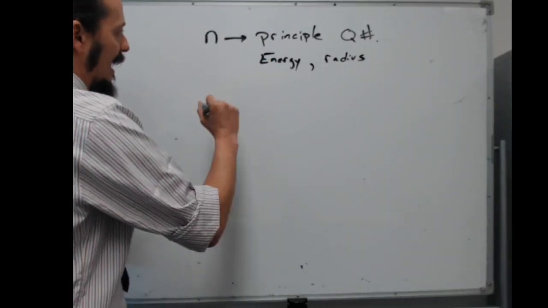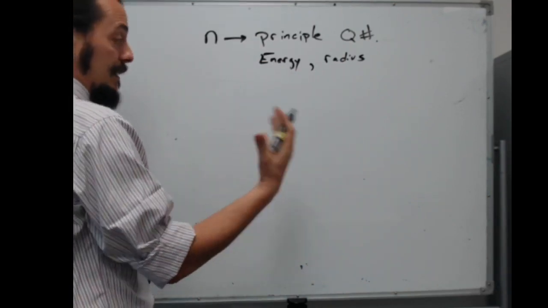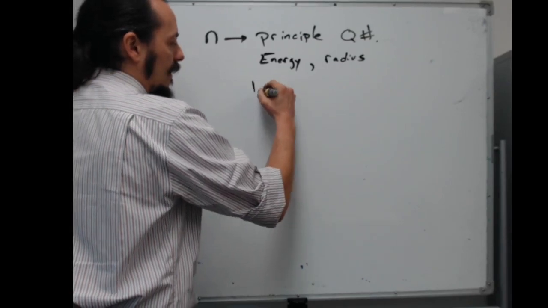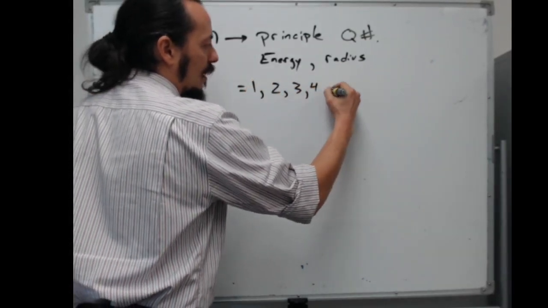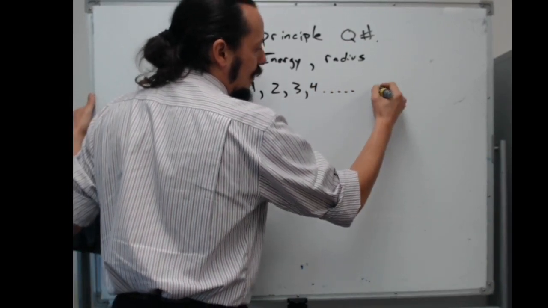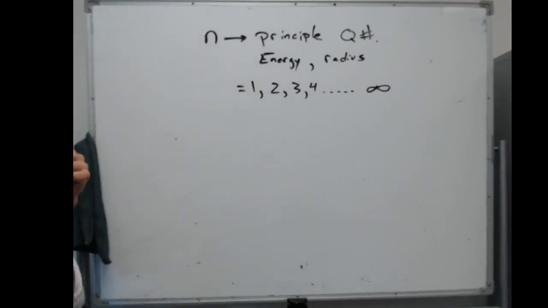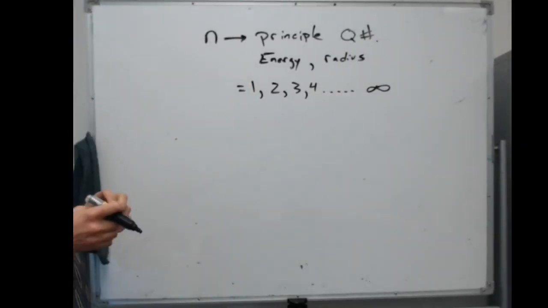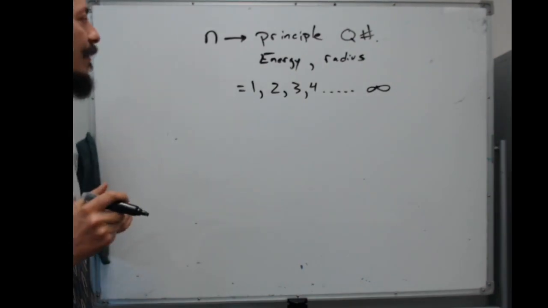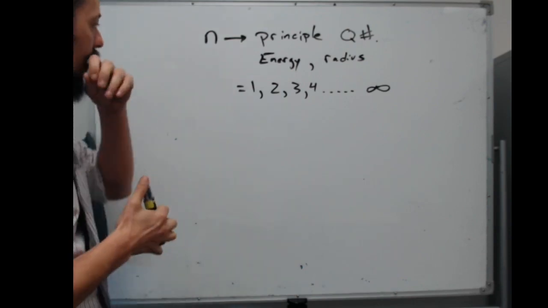We're also going to have certain values that are allowed to be n. That's going to be 1, 2, 3, 4, all the way up to an infinite number of solutions. In chemistry, we're typically only going to work with the first 6 or 7 n values, but theoretically it goes on forever.